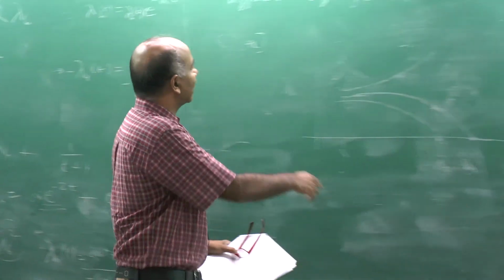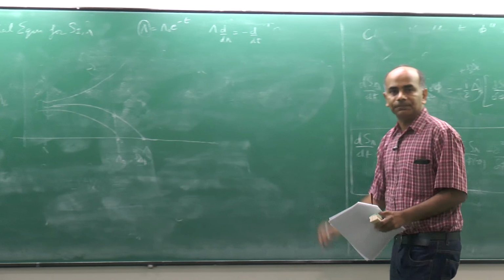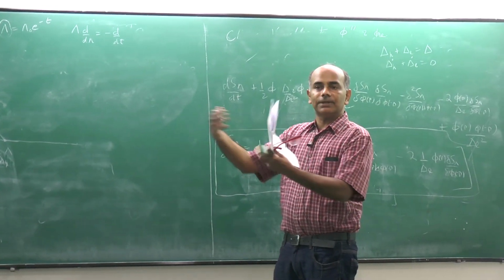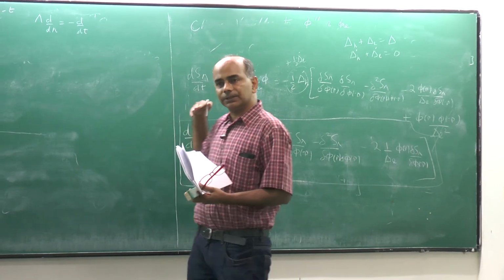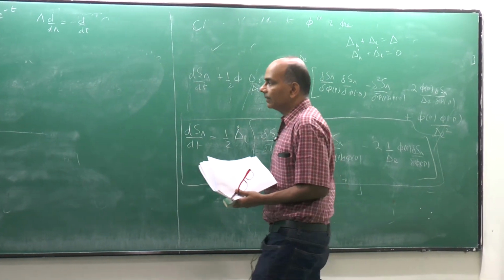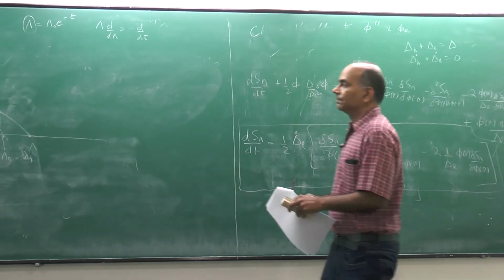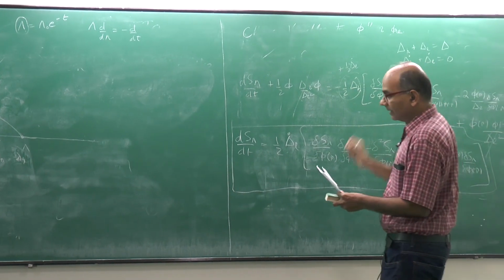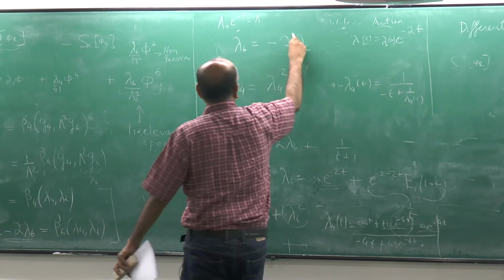But there is no huge lambda 6 generated. Lambda 4 anyway is going to diverge in perturbation theory and you have to renormalize. But if you follow the beta function, you get some finite value. The crucial point is lambda 6 also doesn't do anything funny, and that's entirely because of this factor of minus 2.